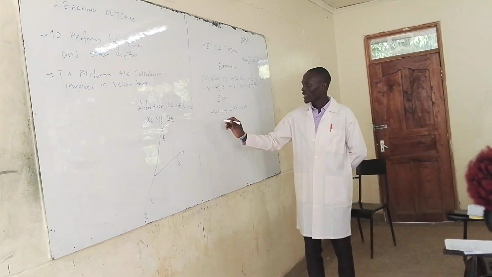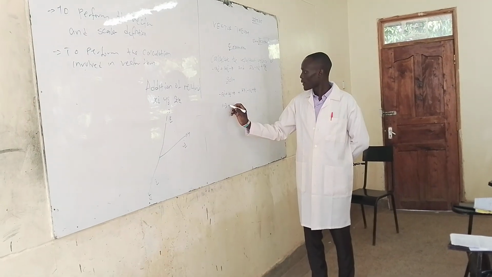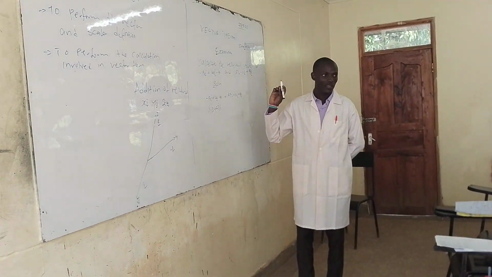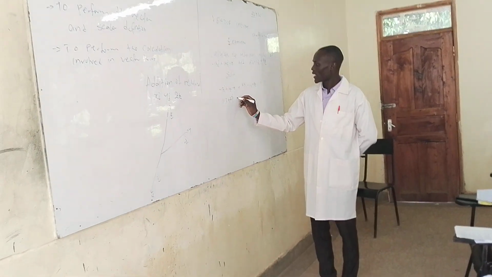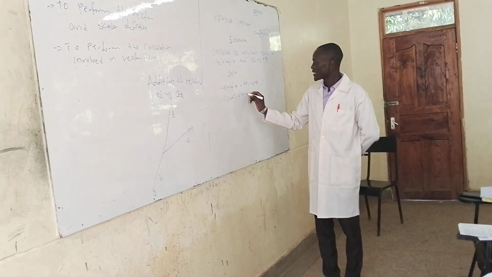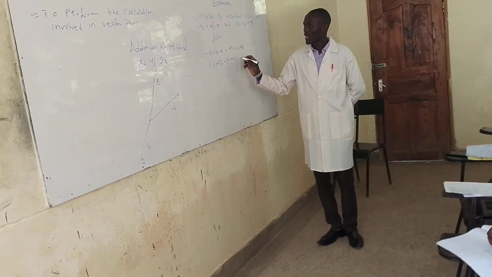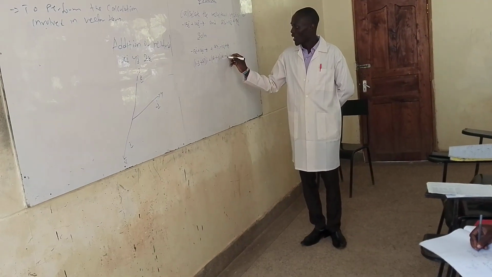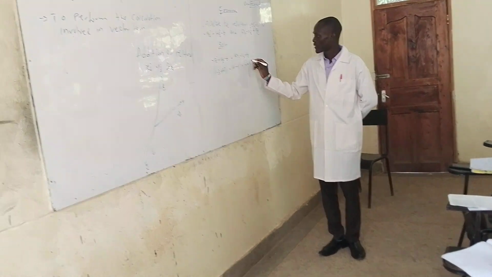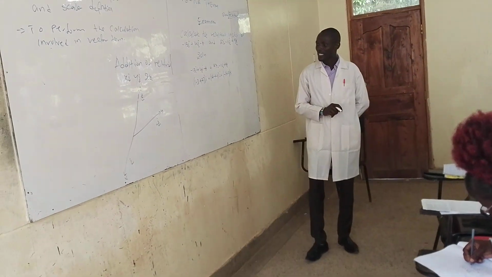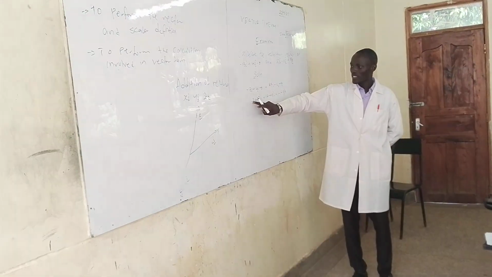We can start by saying -13 plus 27, but this one is i. Then we add 14 plus -11, but this one is j. Then we add -1 plus 9, but this one is what? k.